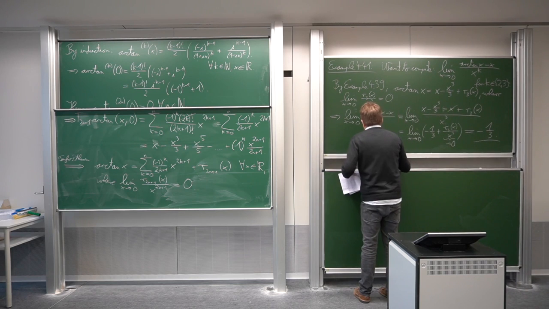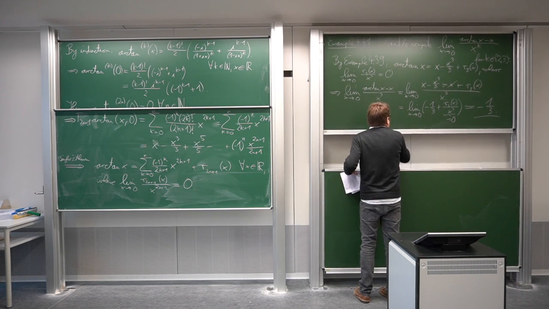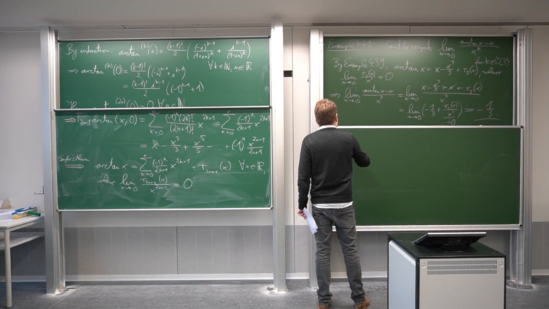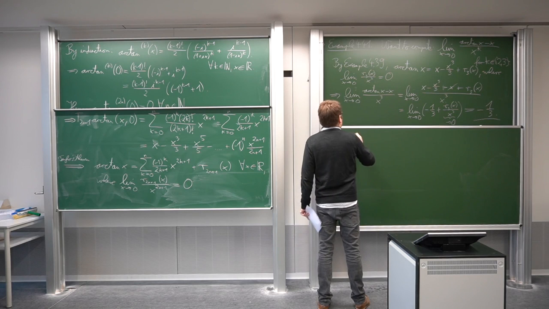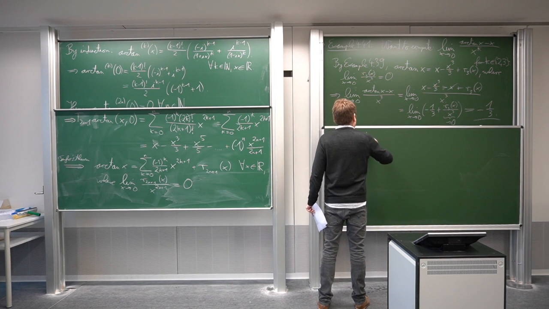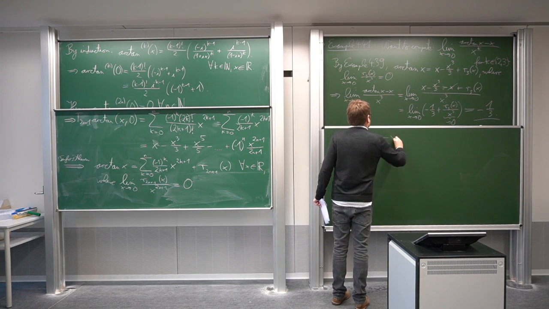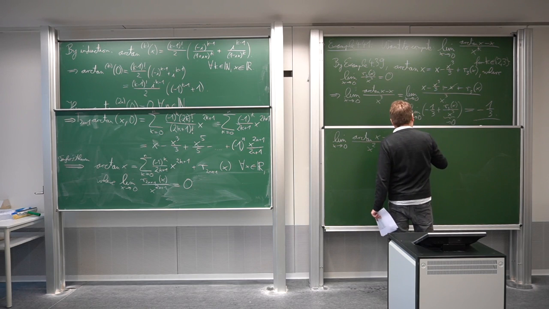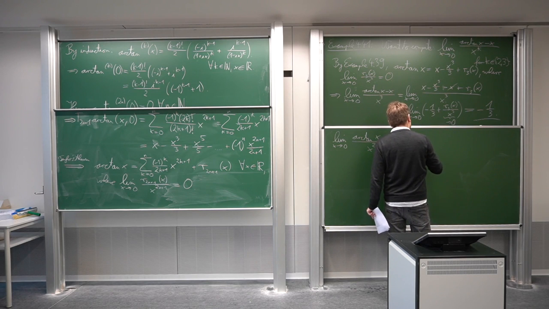Okay, for k equal to 2, you can do a similar thing. Limit as x going to 0, arctan x minus x divided by x to the 2. This is now by the same idea as here. So the numerator is the same as before. So here this is the limit of x going to 0.